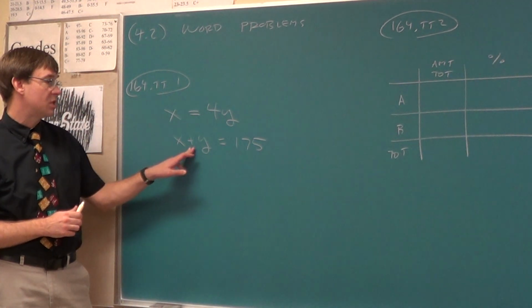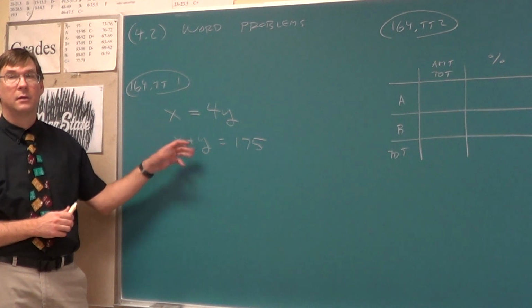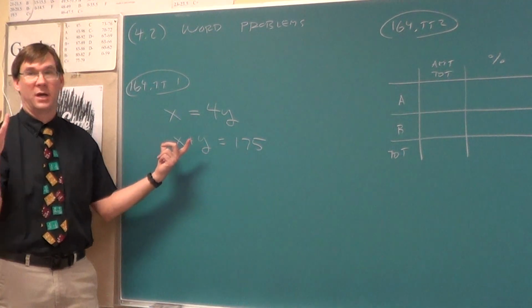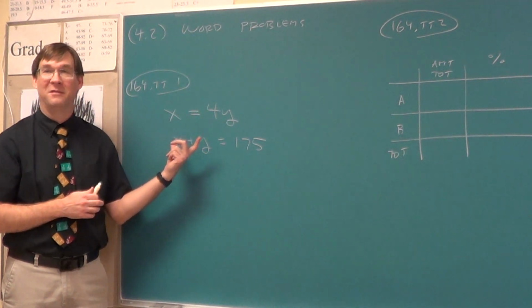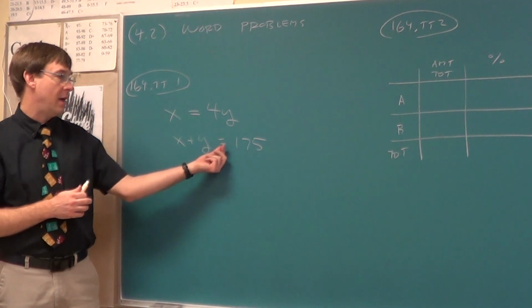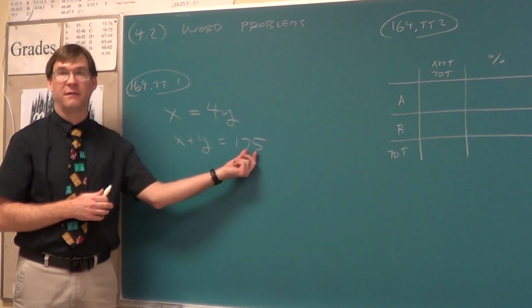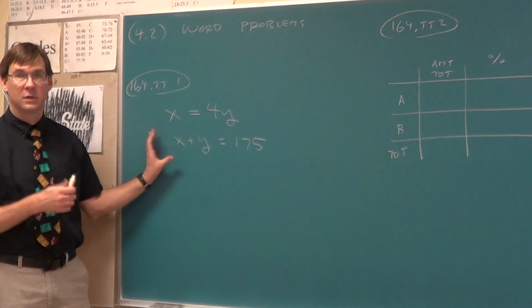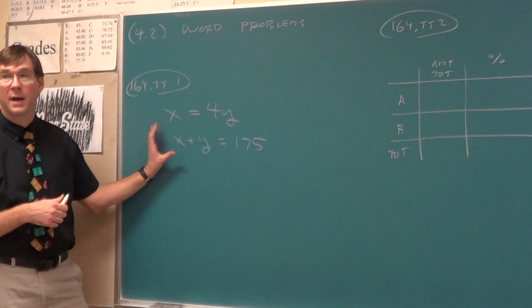Okay, it said the sum, so add the numbers, x and y were the names we just picked. You could have picked J and P and used your initials or something, whatever letters you want. It always equals 175. You okay on that? Good. Anybody need a rewind on how we created that?